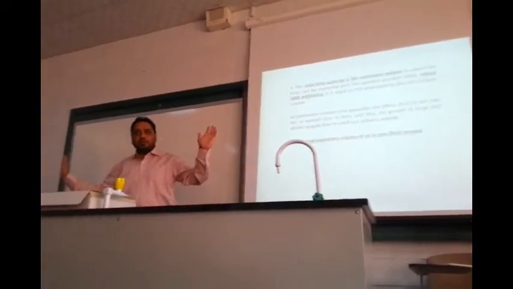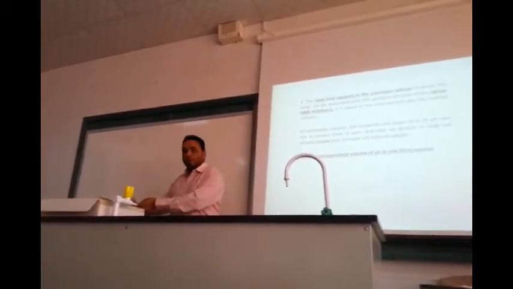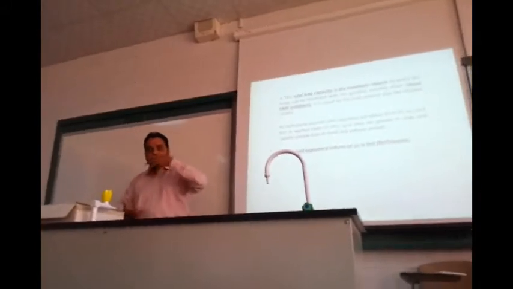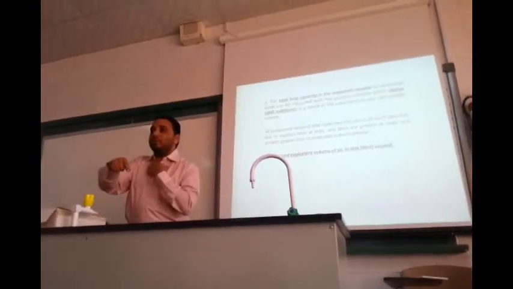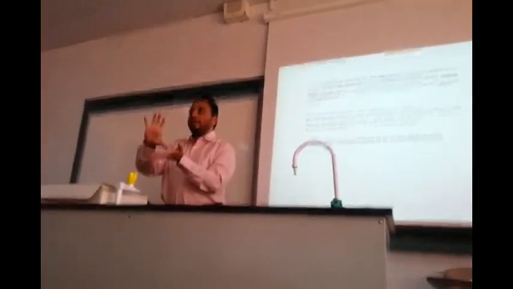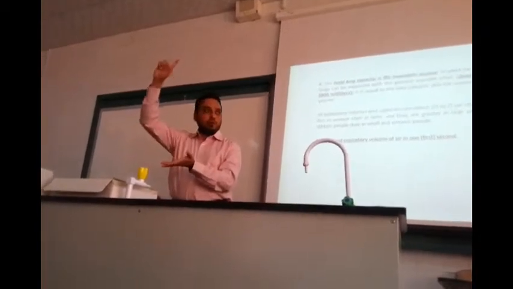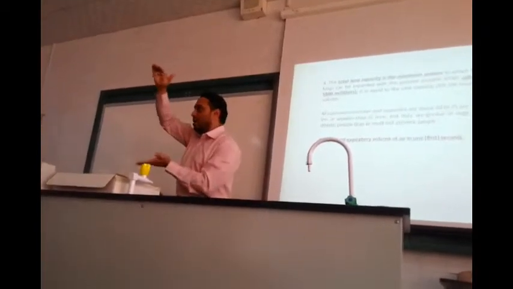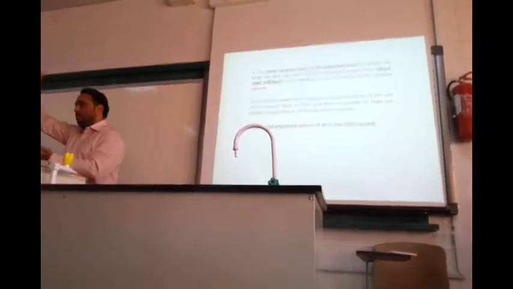Total lung capacity, that is from zero, including the residual volume. Why do we include residual volume in this? Because we are calculating the total amount of air that can be filled in the respiratory system of a person.